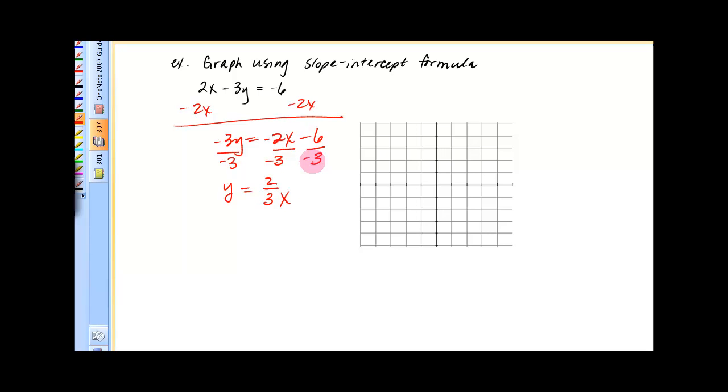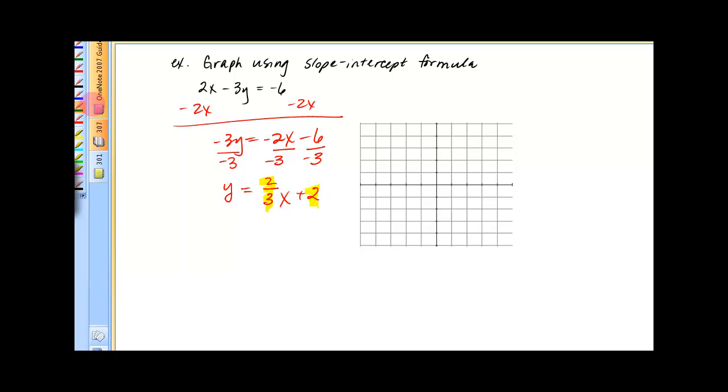Negative 6 divided by negative 3 is a positive 2. So I took this standard equation and changed it to the slope-intercept form. And now I can say that 2/3 is my slope, and the intercept occurs at 2.